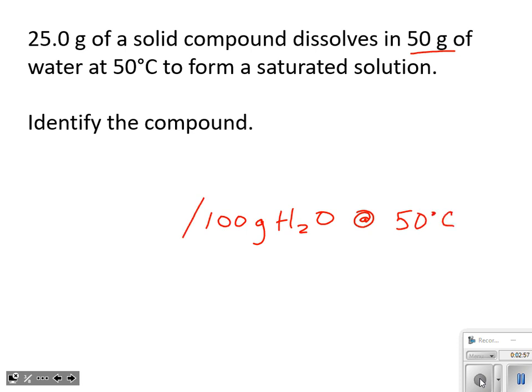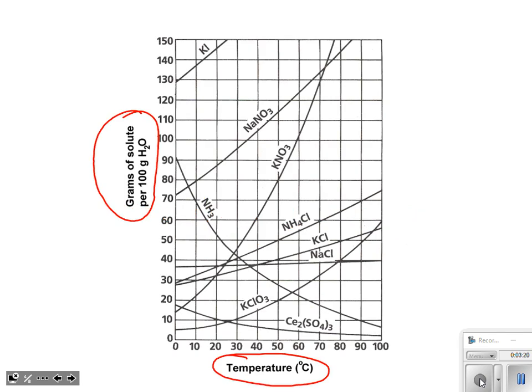Well, if I doubled that 100 grams, I also need to double the solute. So it is going to be what? 50 grams. So, I know, because I did all that because my chart's based on 100 grams, I come back to my chart. Here's my 50 degrees Celsius.